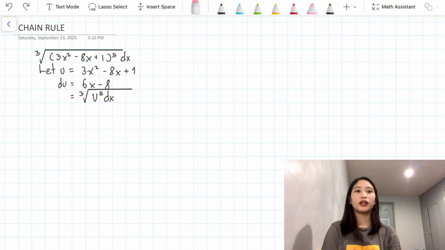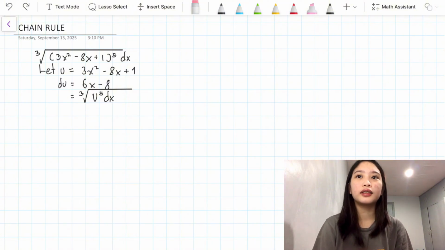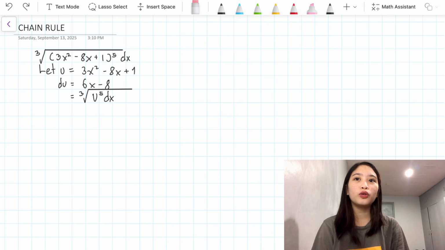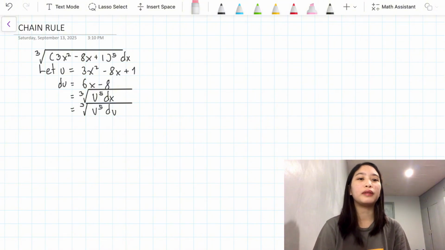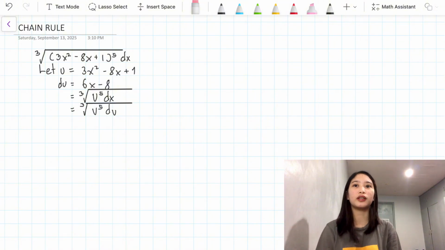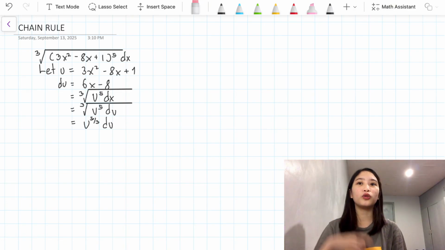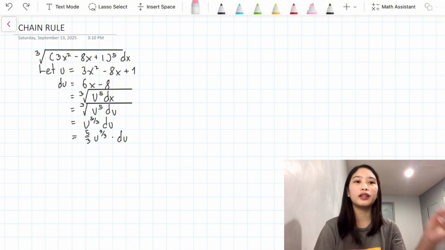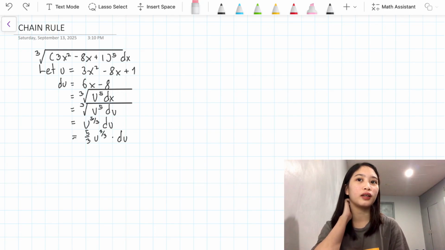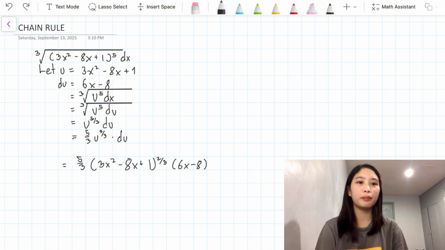Next step, we write it as cube root of u raised to 5 dx, and the fourth is cube root of u raised to 5 du. We substitute it like u raised to 5 over 3 multiplied by du. Then we bring down the 5 over 3 u, and our n minus 1, which is 2 over 3, multiplied by du.